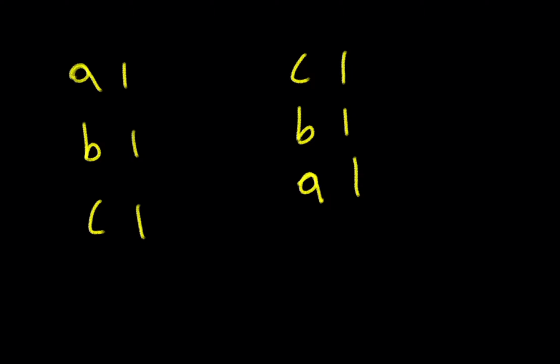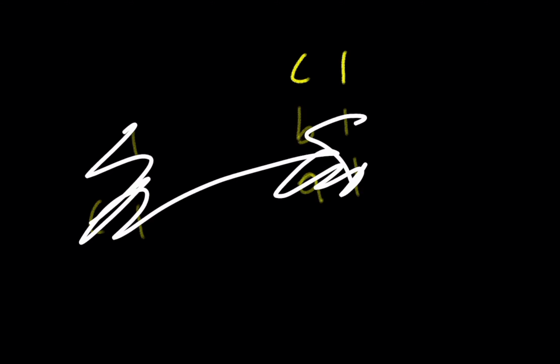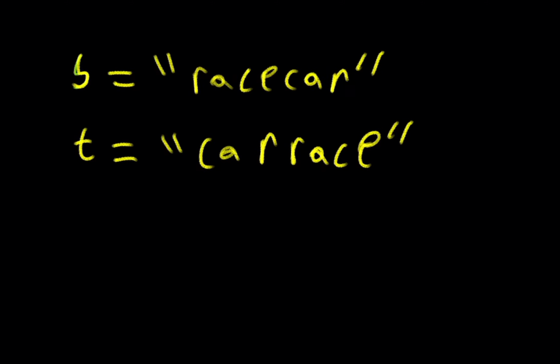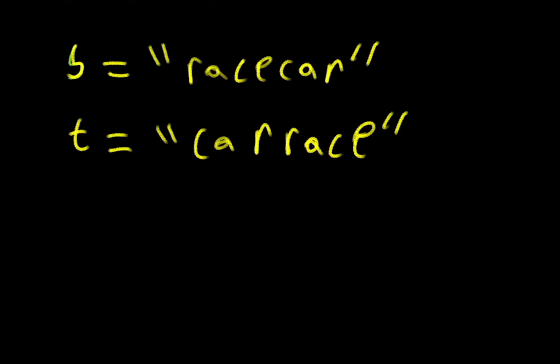Another thing with strings you can do is you can sort strings. So each character is a number. I don't know the numbers they represent, but each character represents a number in the ASCII table.